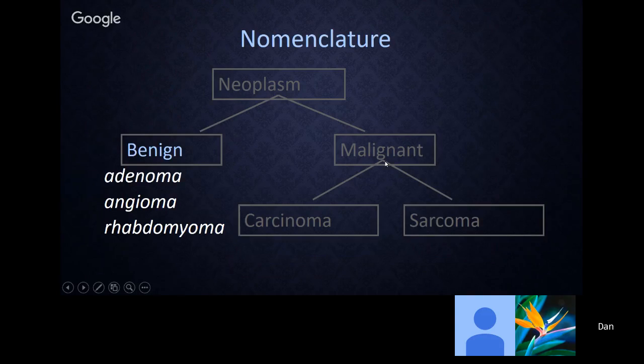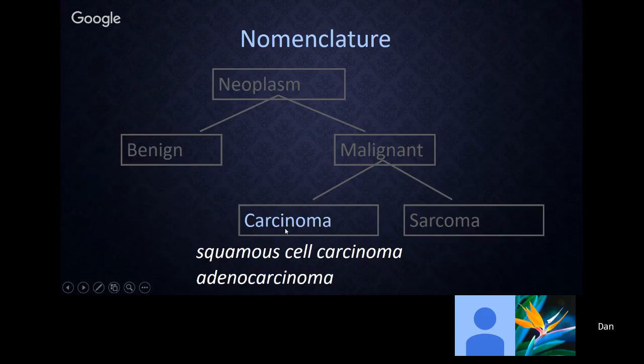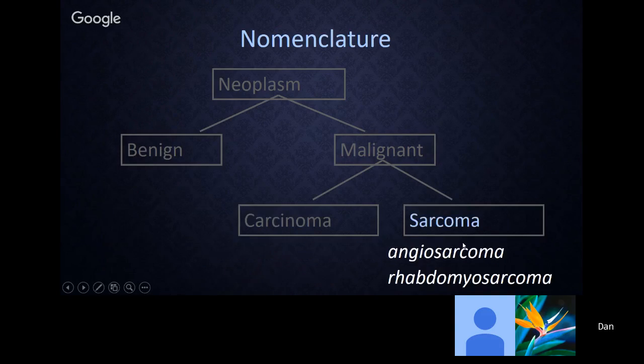Or it can be carcinomas, and in this situation you end up with carcinoma when you name it. So know your nomenclature, because that can also be a question, and know where it comes from. For example, squamous cell carcinoma, stratified type of epithelium; adenocarcinoma, glandular carcinoma; or it can be sarcomas.